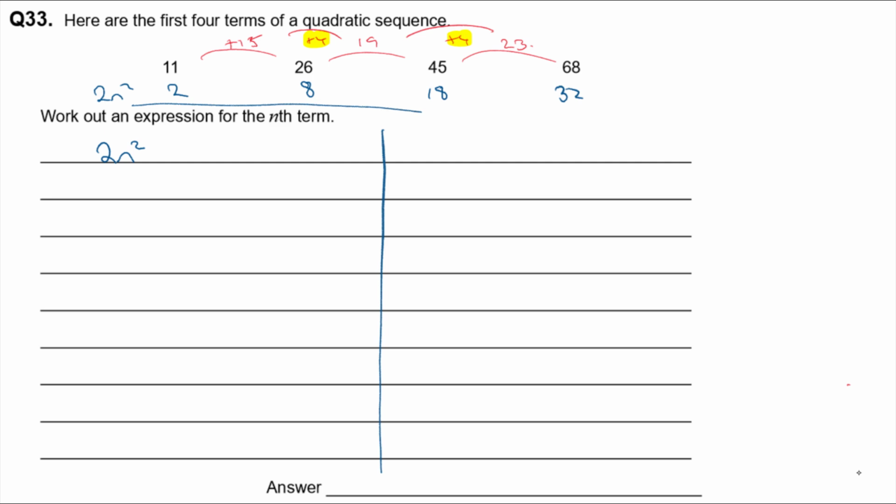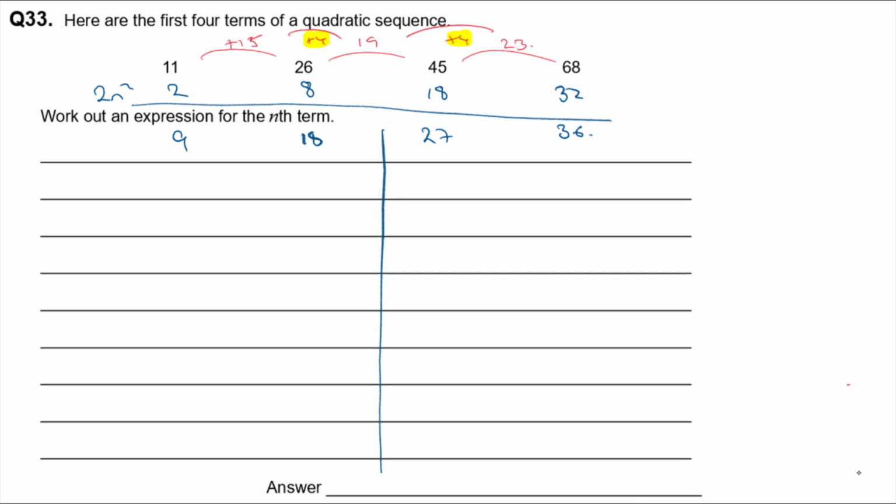Okay, and if you then subtract those numbers from your original sequence, we're going to get 11 subtract 2 is 9, 26 subtract 8 is 18, 45 subtract 18 is 27, and 68 subtract 32 is 36. Now you can see this is a linear sequence.